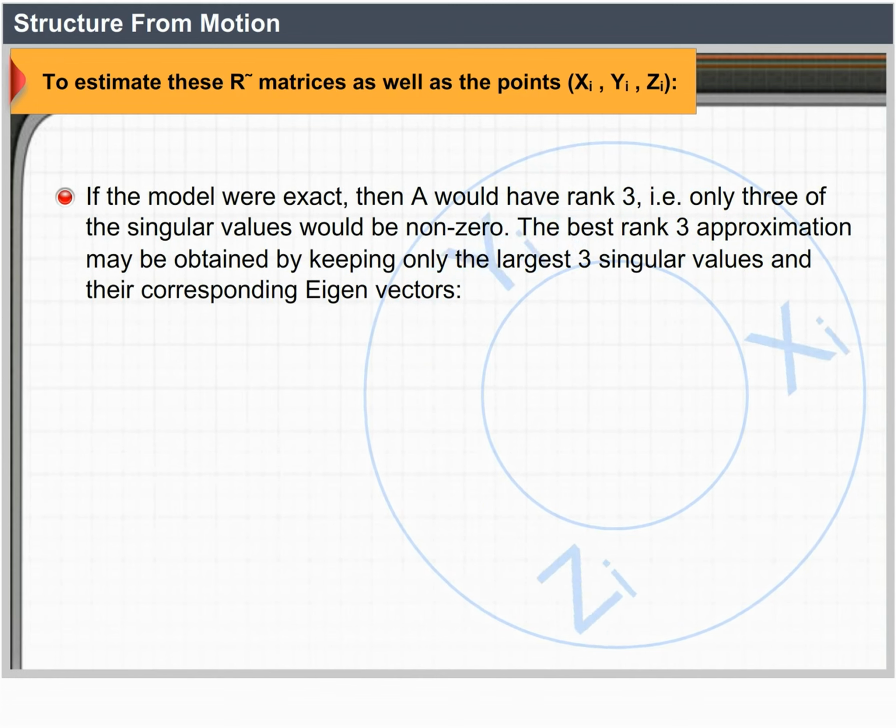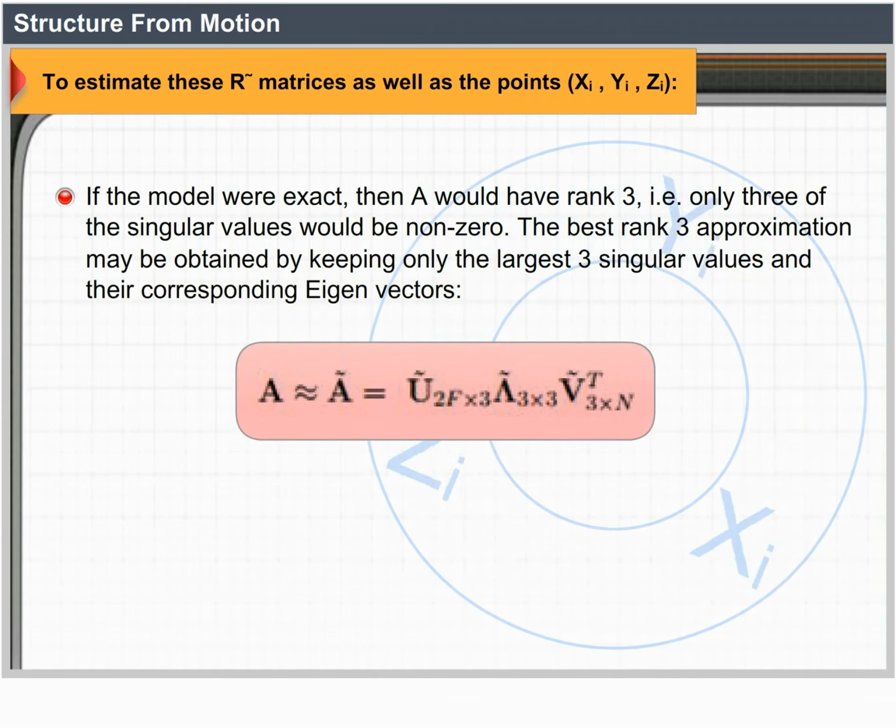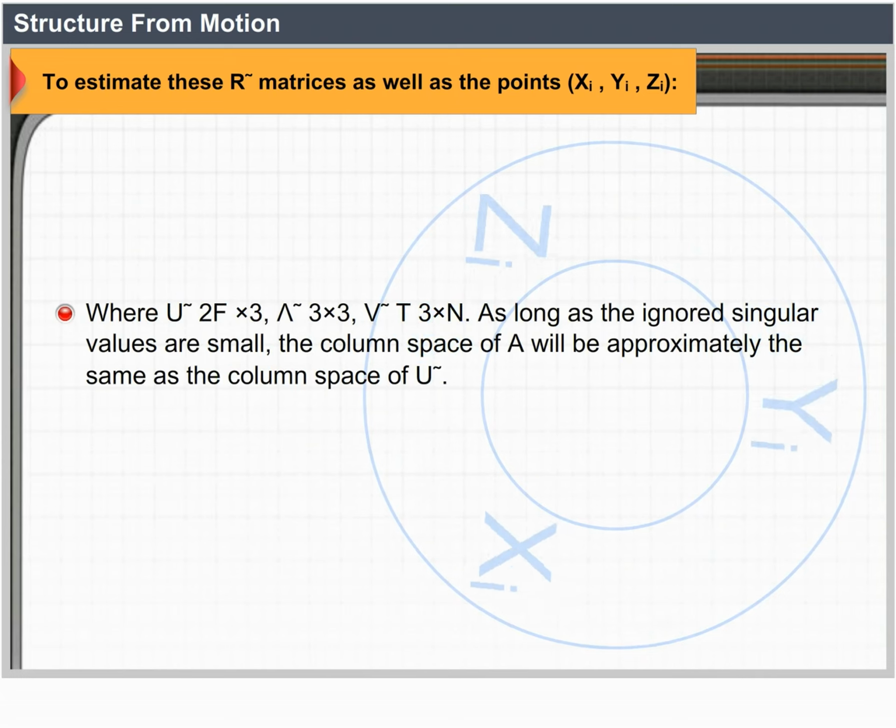The best rank 3 approximation may be obtained by keeping only the largest 3 singular values and their corresponding eigenvectors, as shown, where U dash is a 2F by 3 matrix, Σ dash is a 3 cross 3 matrix and V dash to the power t is a 3 cross N matrix.